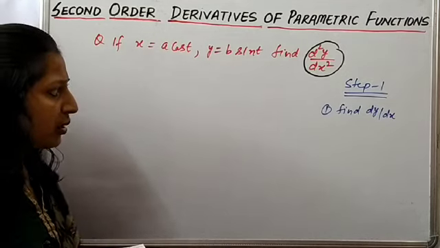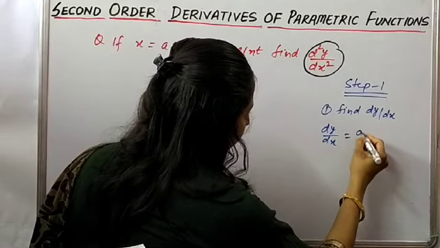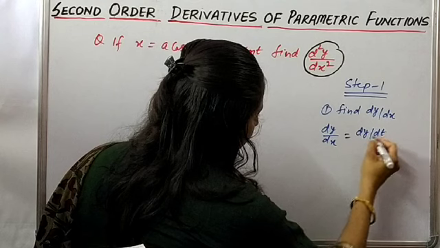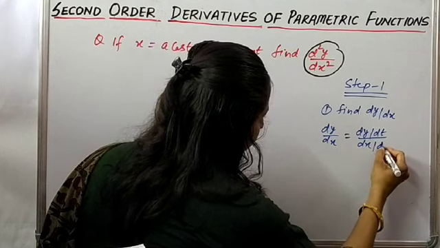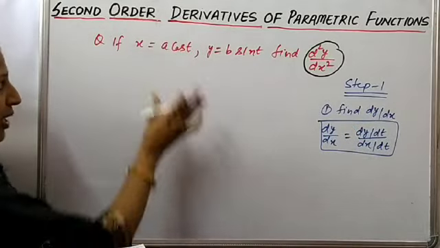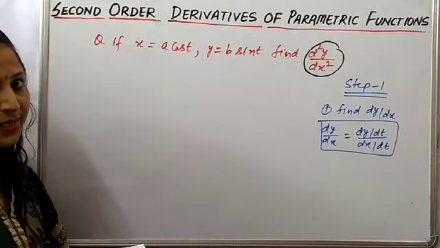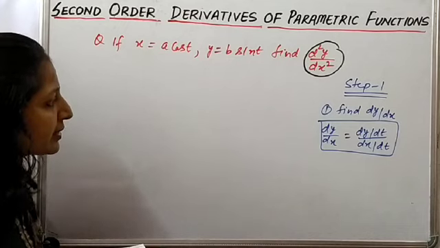We will use the formula dy by dx is equal to dy by dt upon dx upon dt. By using this formula we will find the first order derivative, and then proceed further to find the second order derivative. So let us start.